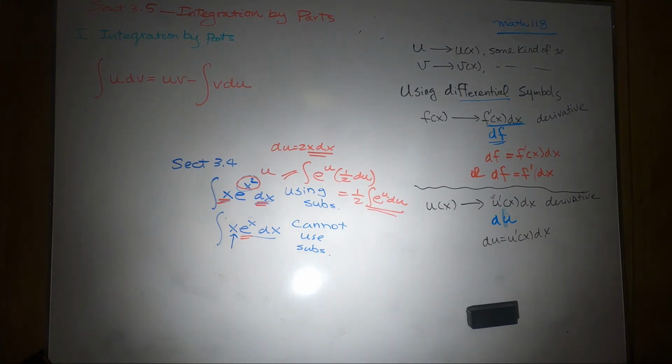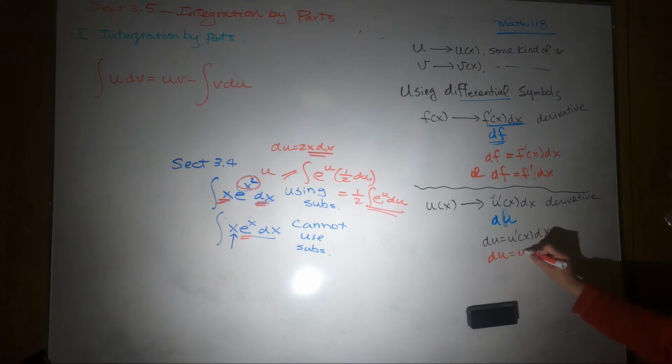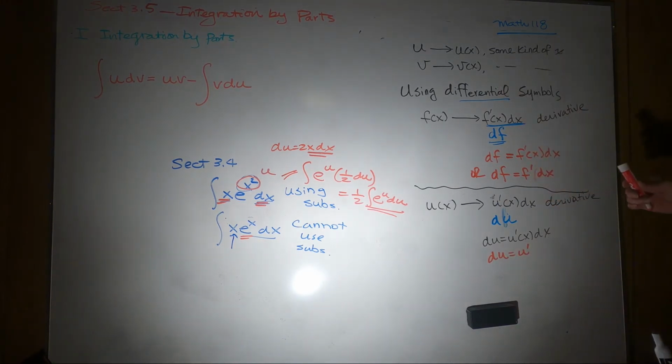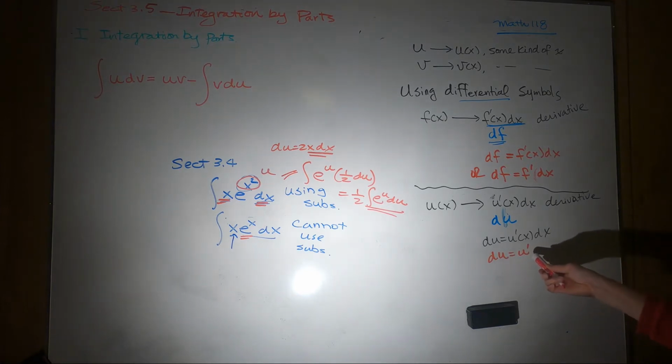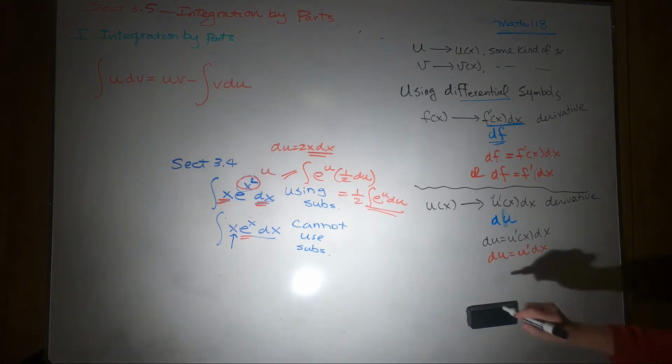Or I can write du means u prime dx, because u and v are some kind of x, I don't have to specify, I just use prime. Right? It means the derivative against dx. Okay?